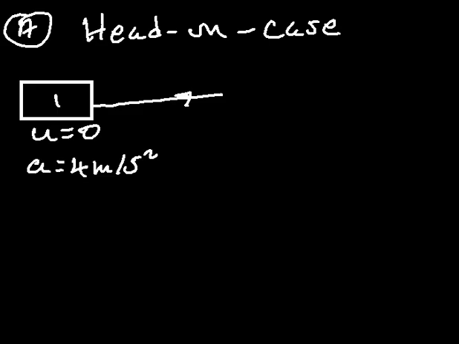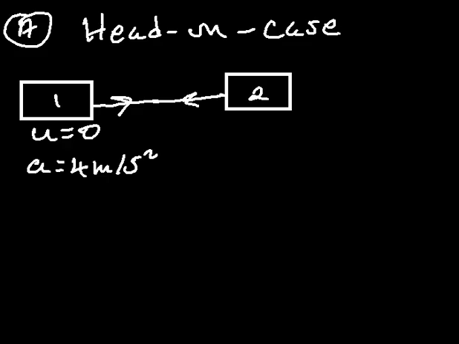And let's say ahead of it, there is another object which is moving towards the opposite direction. We have object 1 moving towards this direction and object 2 moving towards the opposite direction.